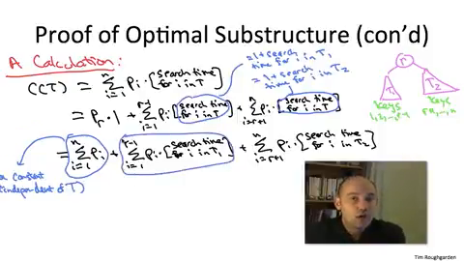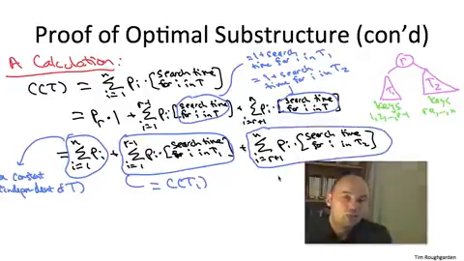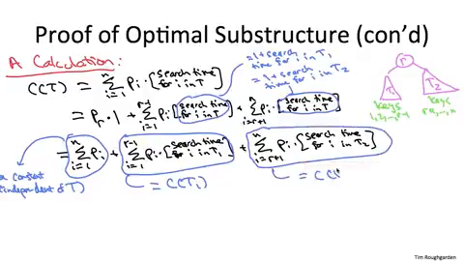Well, we have a much better, shorter nickname for that sum. It's the weighted search time of the search tree T1 for the objects it contains, 1 through r minus 1. Similarly, this last sum from i equals r plus 1 to n of the frequency of i times the search time in T2, that's just the weighted search time in the search tree T2.